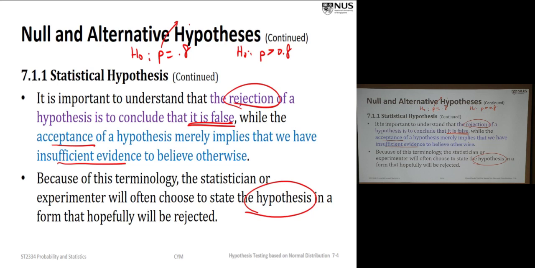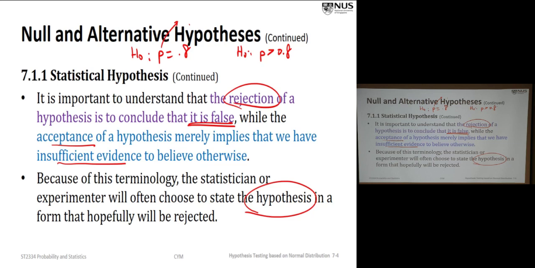I don't want to look for evidence. But on the other hand, I want to reject this statement of P equal to 0.8. So that I get that information and I make a decision that I reject the null hypothesis and I favor the alternative. So that's what I try to look for.